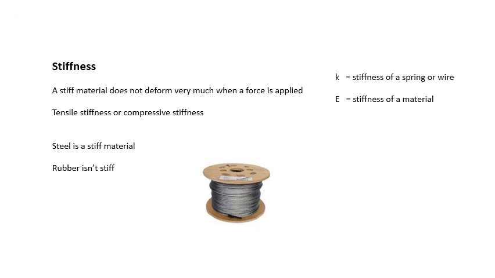Don't get strength and stiffness confused. Something like rubber isn't a stiff material by any means, but it is actually quite strong. If rubber wasn't strong, you wouldn't jump off a bridge tied to a piece of rubber when you go bungee jumping. Steel is a stiff material.